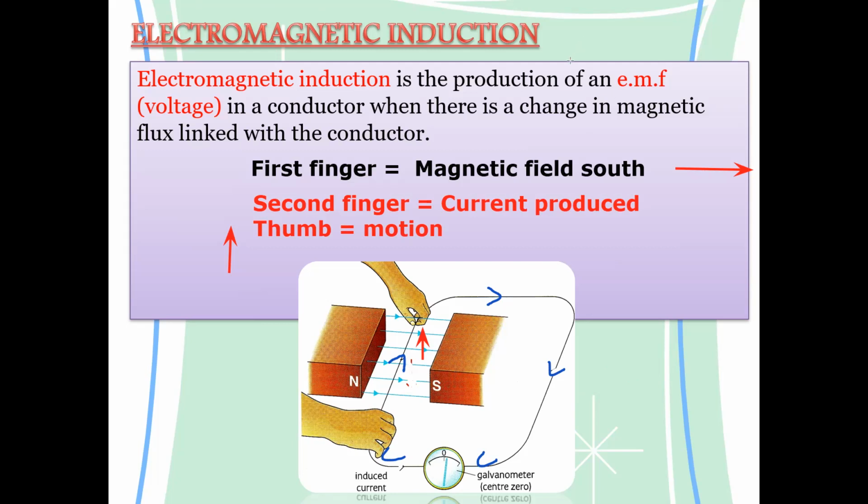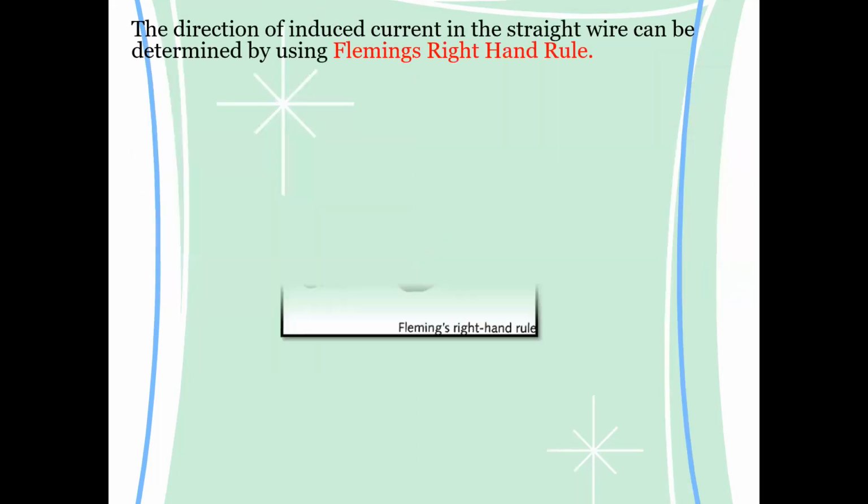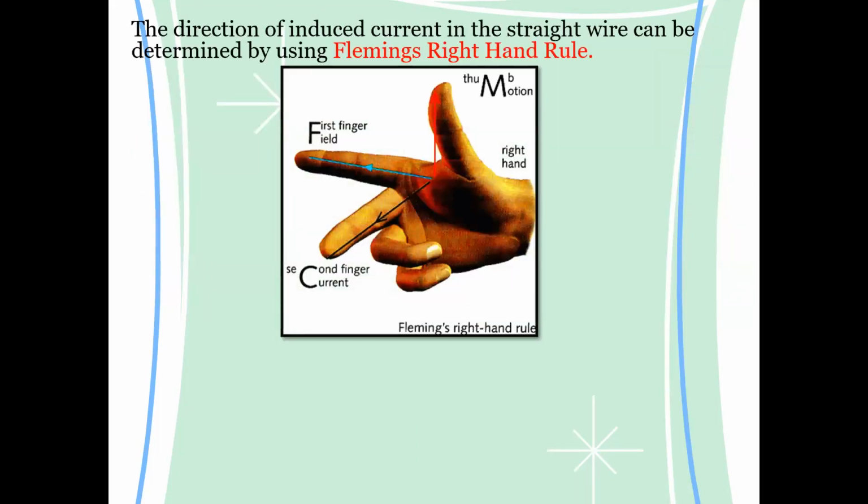So using Fleming's right hand rule, we can find the direction in which the current is produced, where the first finger represents the direction of magnetic field. It should always point towards the south. The thumb represents the motion of the wire, which direction the wire is moving, up or down, and the second finger represents the direction in which the current will be induced.